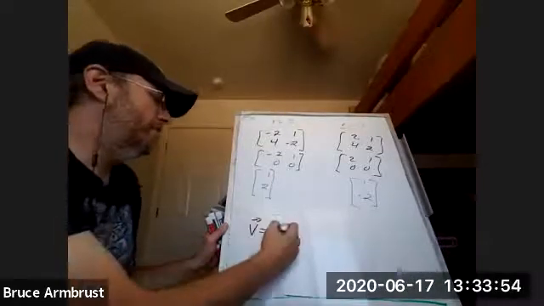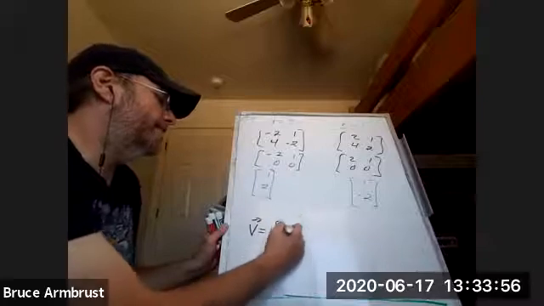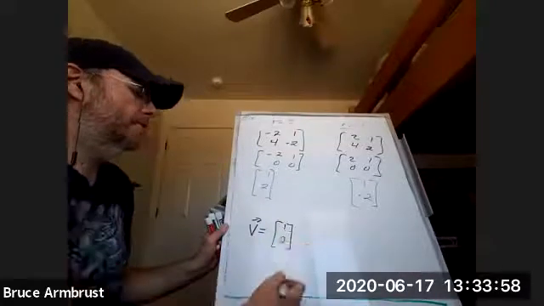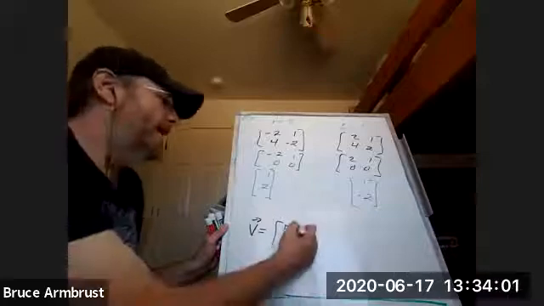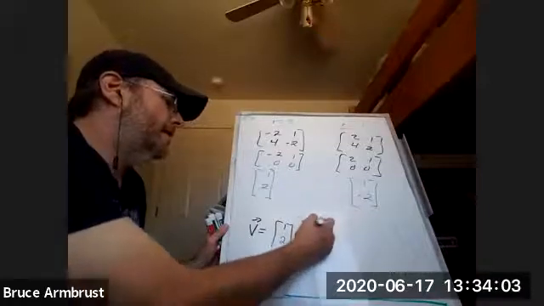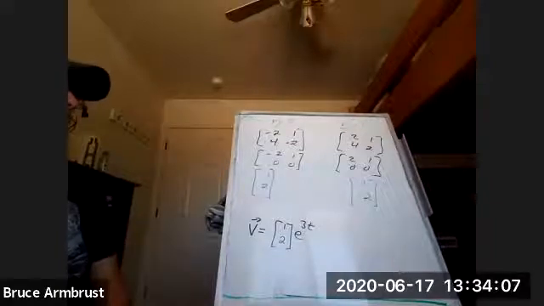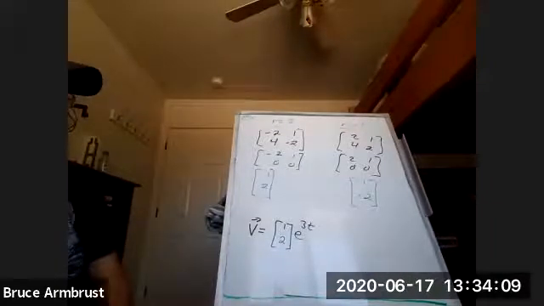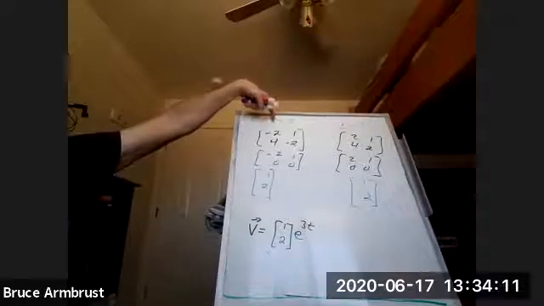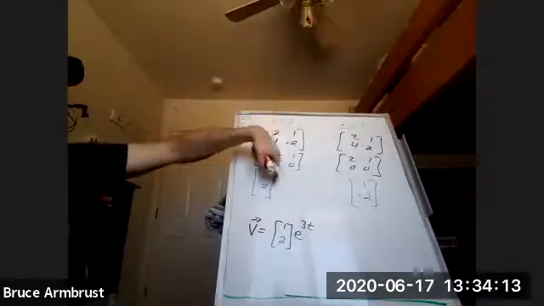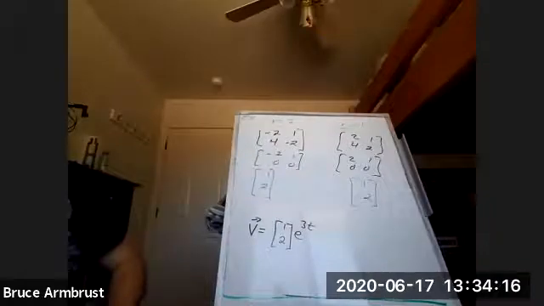Okay, so here's what you do. You take the eigenvector you just found, and you multiply that by e to the rt, where r was the eigenvalue. So r was 3, so I'm going to have 1, 2 times e to the 3t.